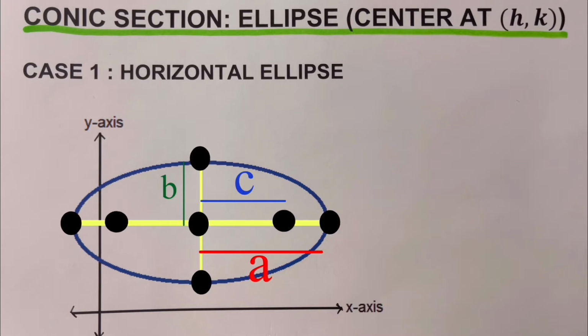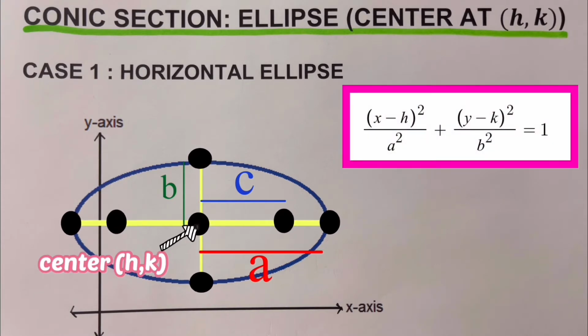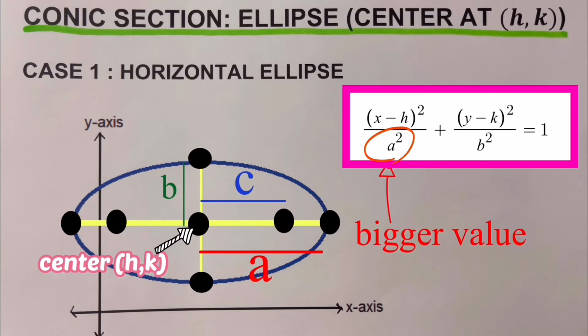represented as letter c. We also remember that the formula for a horizontal ellipse is quantity (x minus h) squared over a squared plus quantity (y minus k) squared over b squared equals 1. Now, please notice that the value of a is under the quantity (x minus h) squared.